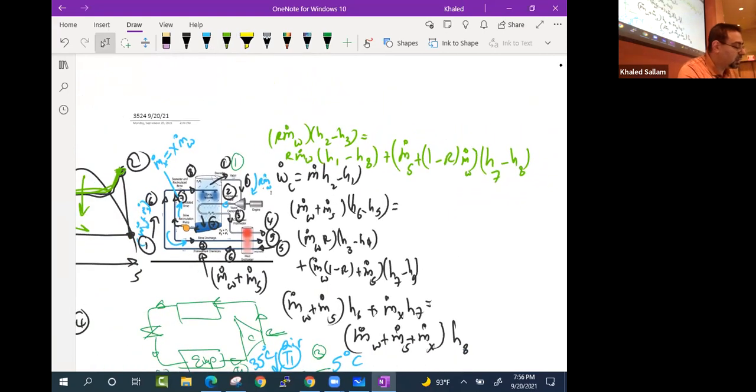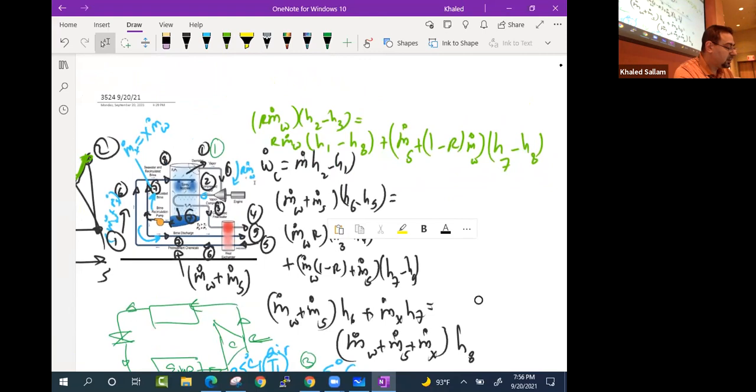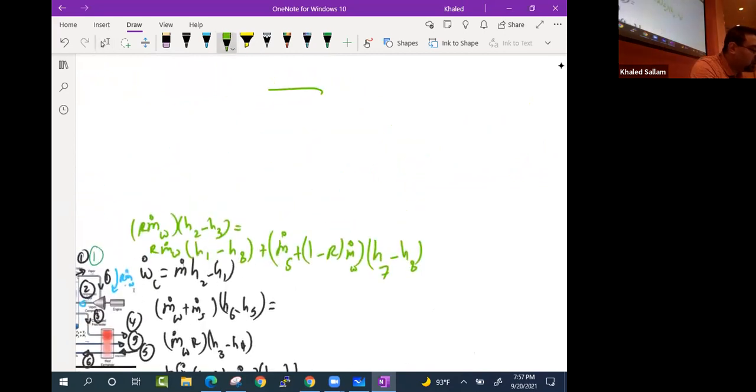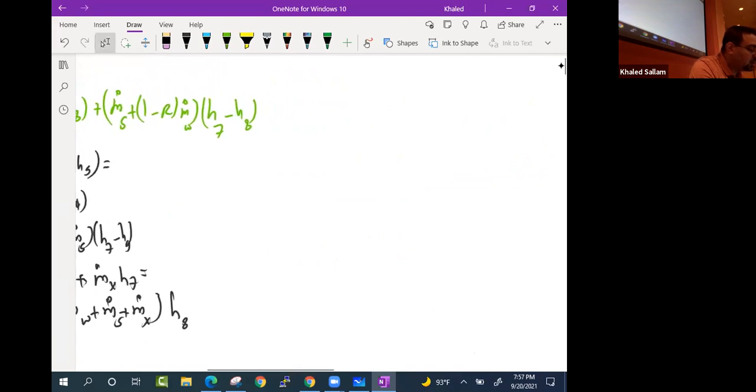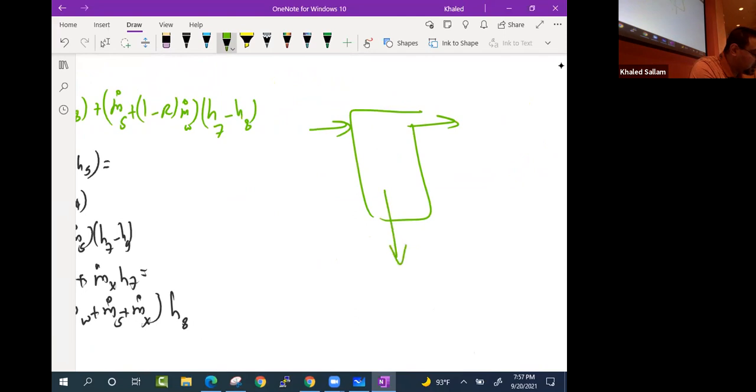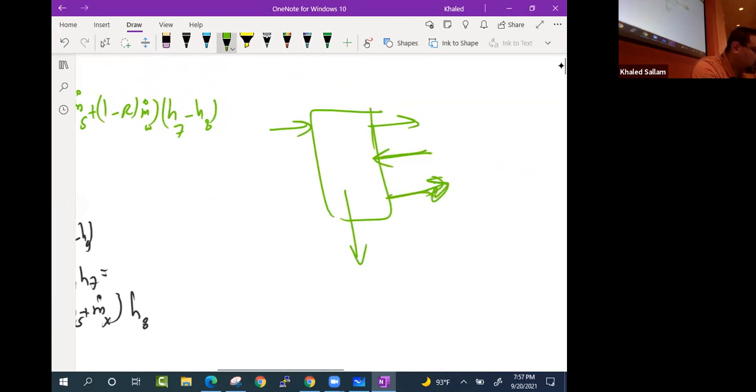Okay, so if this is complicated, then you can just say, I'm just going to write a control volume. I'm just writing a control volume like this and look at what is coming and what's leaving. And I see here 8, I see 1, I see 2, I see 3, I see 7.